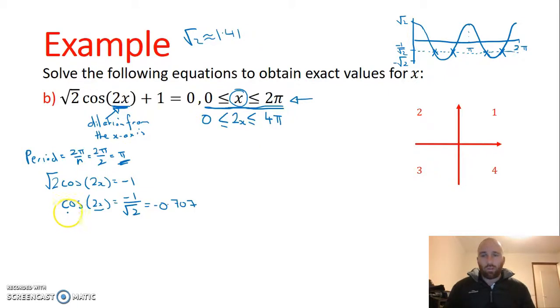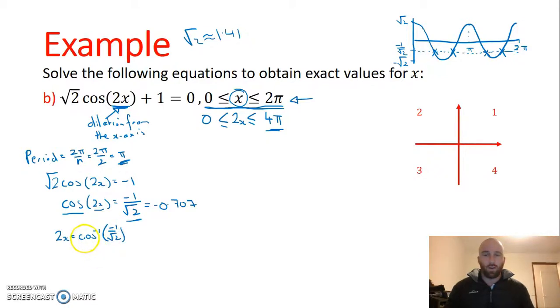So that means when I bring this cos across here and try to generate my values for -1 over square root 2, I'm actually going to generate the values between 0 and 4 pi. It's important because that's going to give me my 4 values, and then I can rearrange afterwards to find what I get. So if I go to inverse, 2x is equal to cos^-1 of -1 over square root 2.